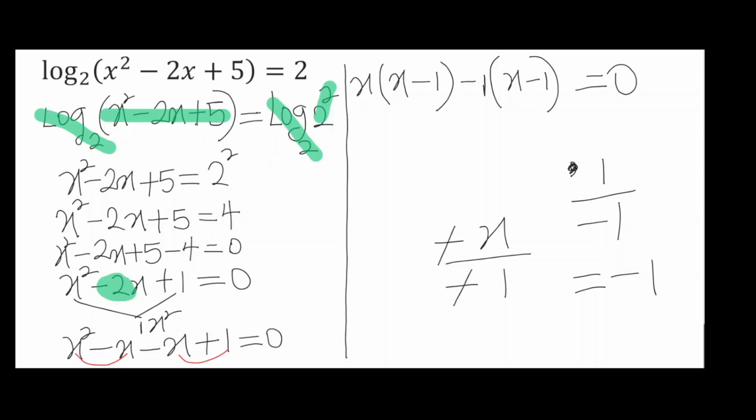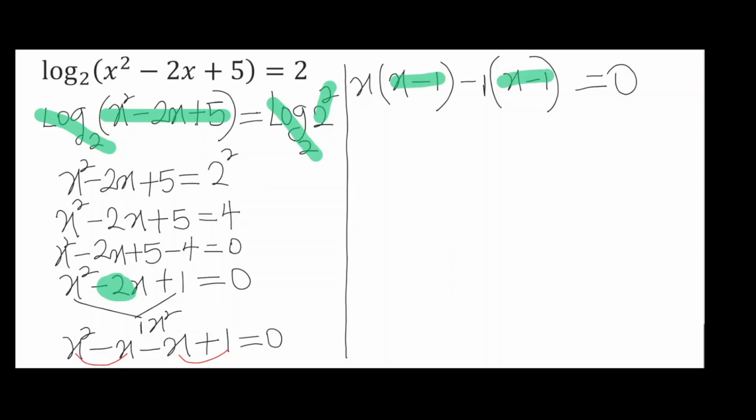Equals 0. As you can see, what is inside the brackets is the same. That is, we have x minus 1 here, and it's also x minus 1 here. So all I need to do is pick 1. So I'm going to have x minus 1, then I'll pick what I have outside, and that's x minus 1 again, that is, x here and -1 here represent what I have here.